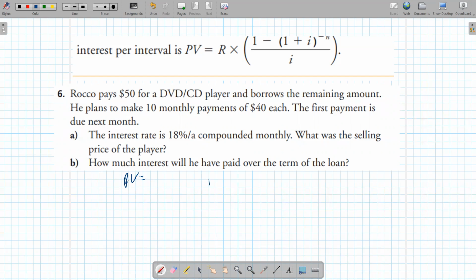Does that sound like a present value? So it has some present value, okay? What this person did was he put in $50 initially as down payment, and the rest of the money he's borrowed, okay? We don't know how much he's borrowed, so PV is missing. What else?